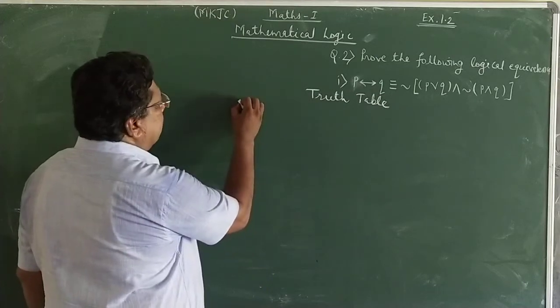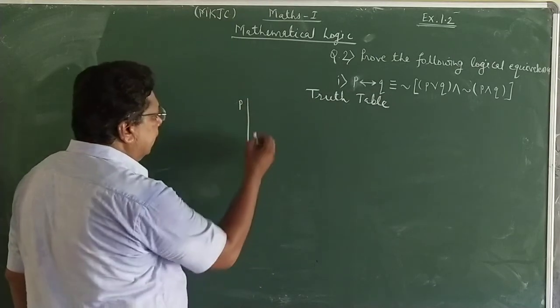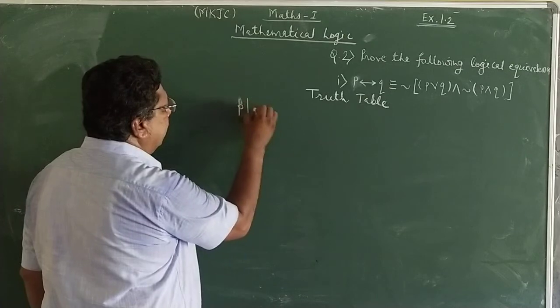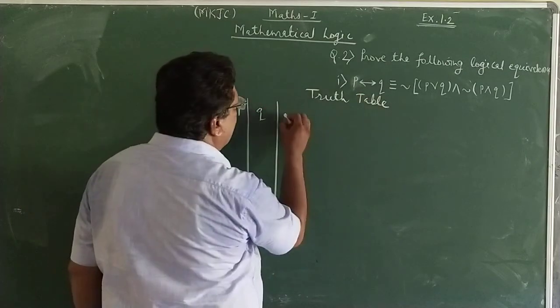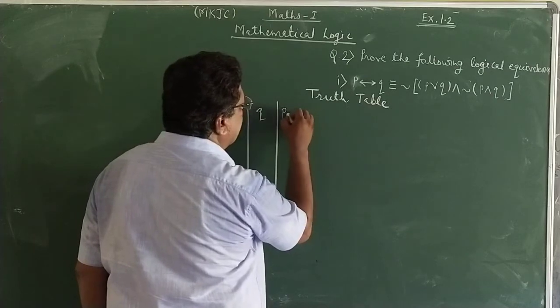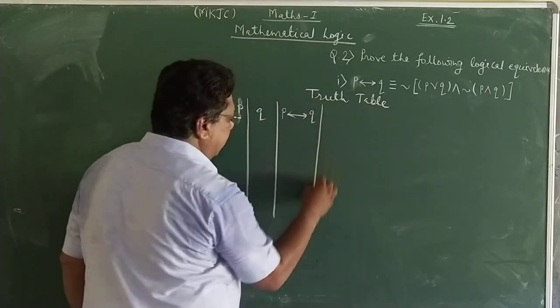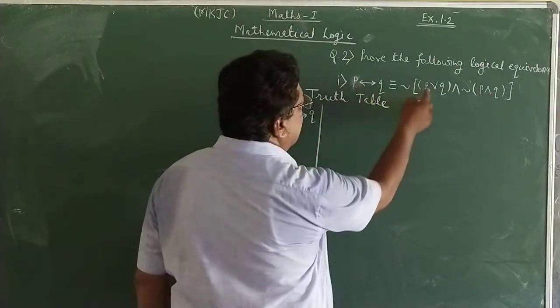Now first column is P, second column is Q, third column is P conditional Q. This is LHS.